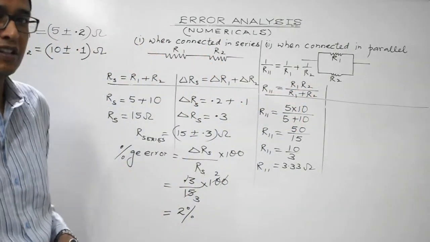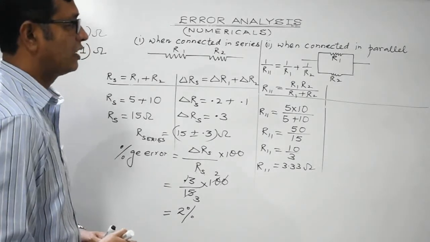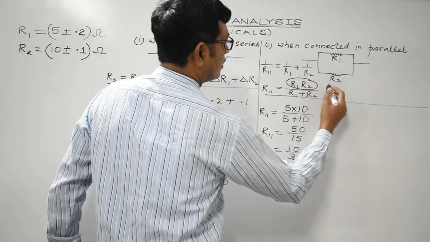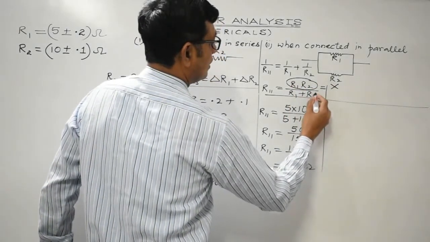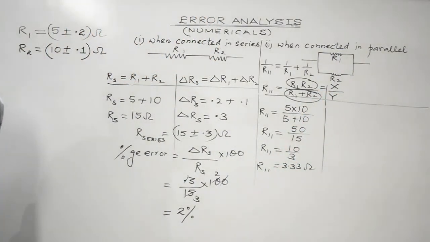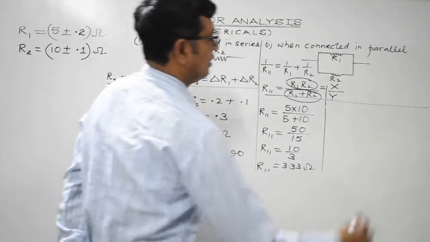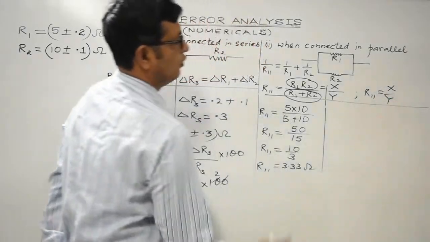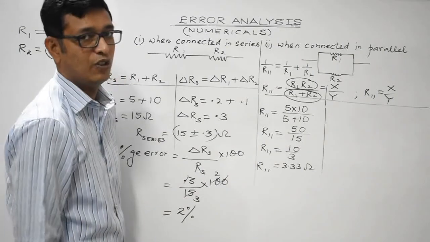All the mathematical operations are included over here. So it can be done in a smart way. Suppose this is represented by X and this is represented by Y. So R parallel may be written as X by Y, where X is R1 R2 and Y is R1 plus R2.